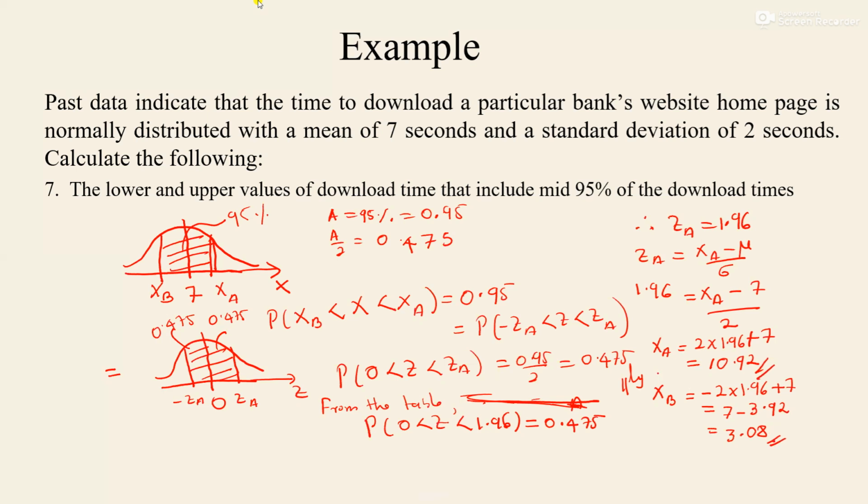So the lower value for the middle 95% will be 3.08, and the upper value of the downloading time that includes 95% is 10.92.